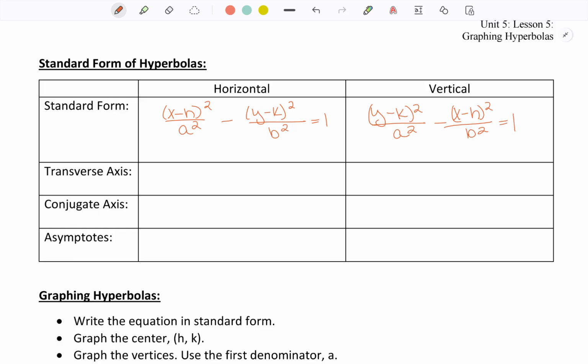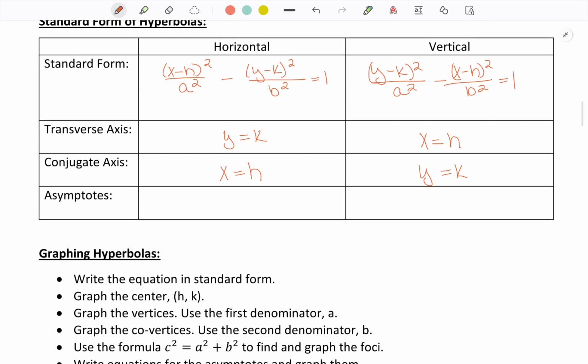So your transverse axis can have an equation that is y equals k, or if it is vertical, it is x equals h. And then your conjugate axis on the horizontal has an equation of x equals h, or for the vertical, it's y equals k.